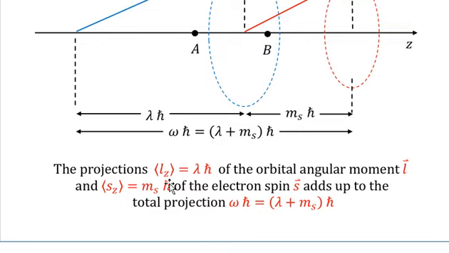The average value of Lz is equal to lambda h bar for the orbital angular momentum L, and the z component of the spin angular momentum is equal to ms h bar for the electron spin S. These add up to the total projection omega, and omega h bar is equal to lambda plus ms times h bar. This is the total projection.